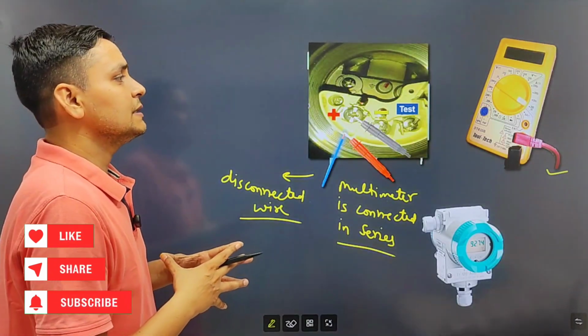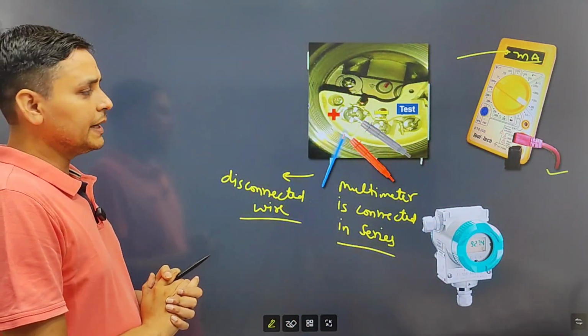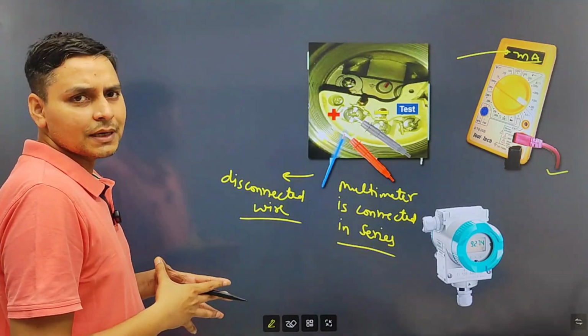After this you will find the correct milliamperes in the multimeter. So this is one method of checking a transmitter.